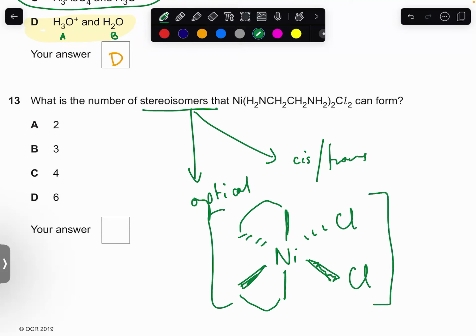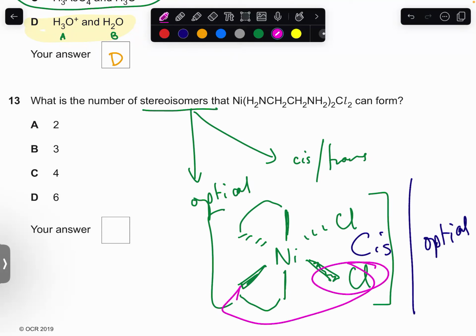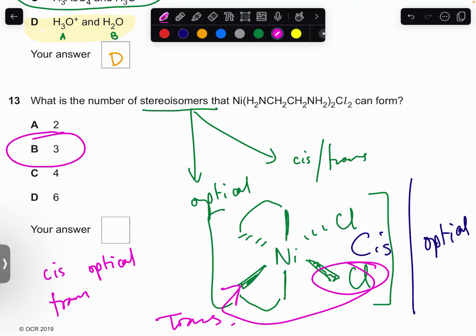You've either got your cis-trans version, so this is the cis version, and the mirror image of it is the optical isomer, or you can have the trans, if you swap this to here, you've then got the trans version. So you're going to have the cis version, the optical isomer of the cis, and then you've also got the trans. So you're going to have 3 different stereoisomers.